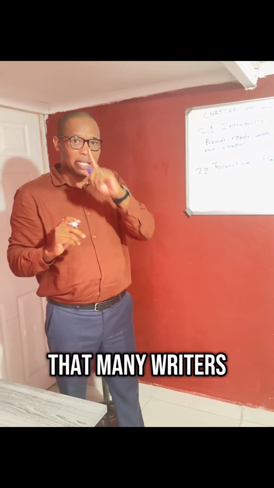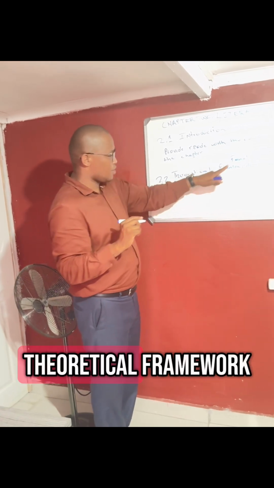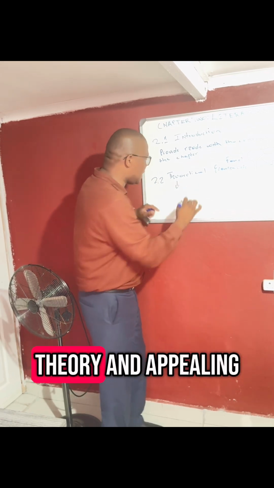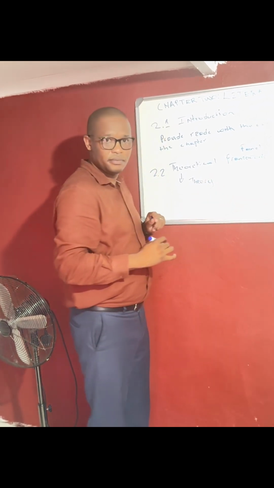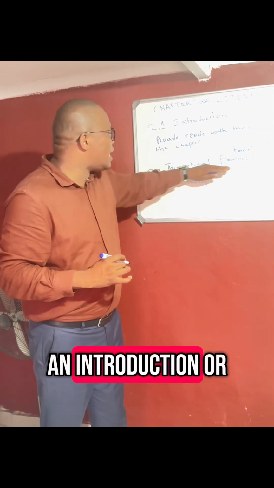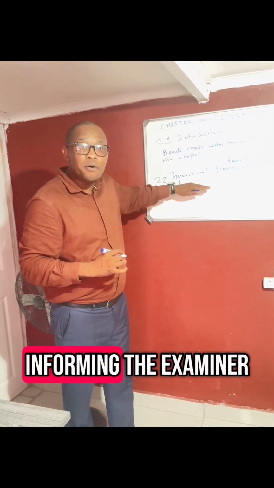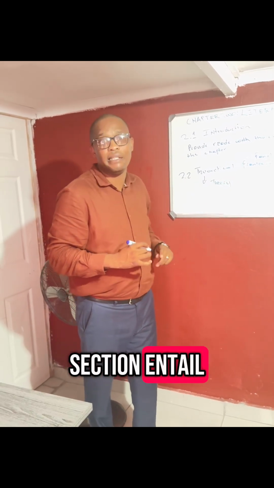But you will find that many writers say 2.2, for example, theoretical framework. Then they quickly jump to the theory underpinning their study or model, without having provided an introduction or a statement informing the examiner or the reader what this section entails.